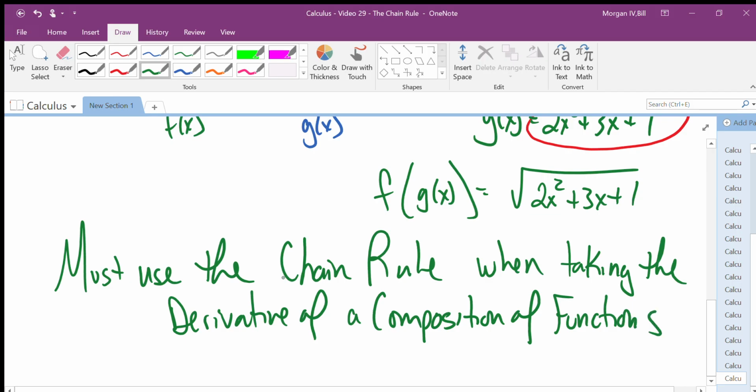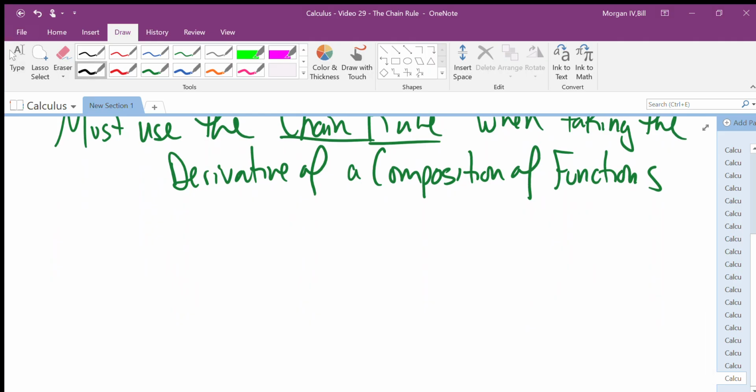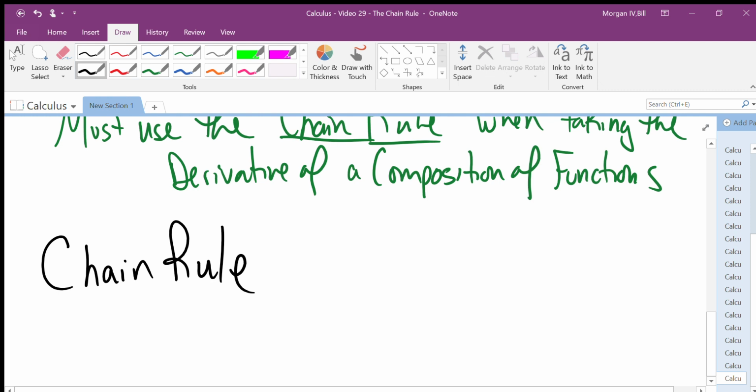So here it is. What is the chain rule? Chain rule. Big star. We'll use this one all the time.